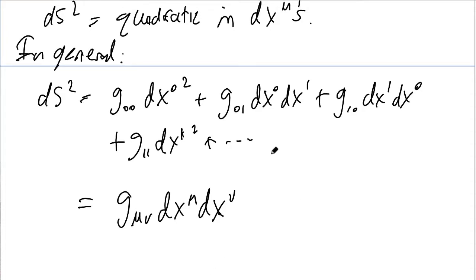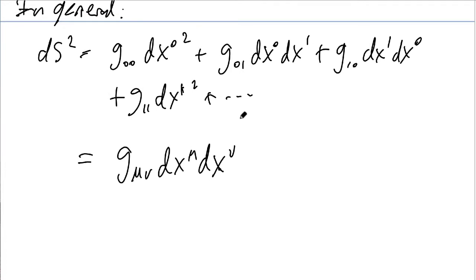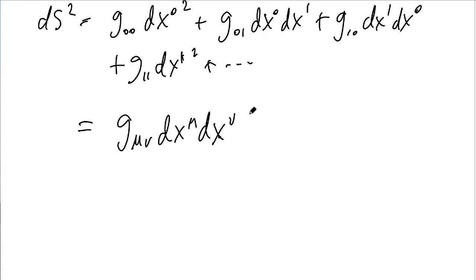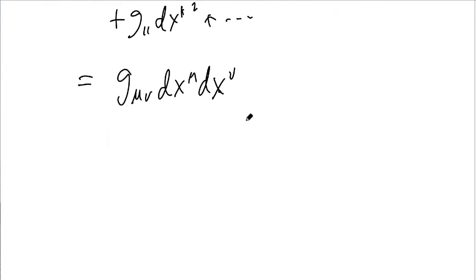One thing you'll notice about the simple examples that I gave before is that there are no cross terms involving dt dx or dx dy or d theta d phi. But that's just because we were looking at fairly simple spaces and spacetimes in nice coordinates.